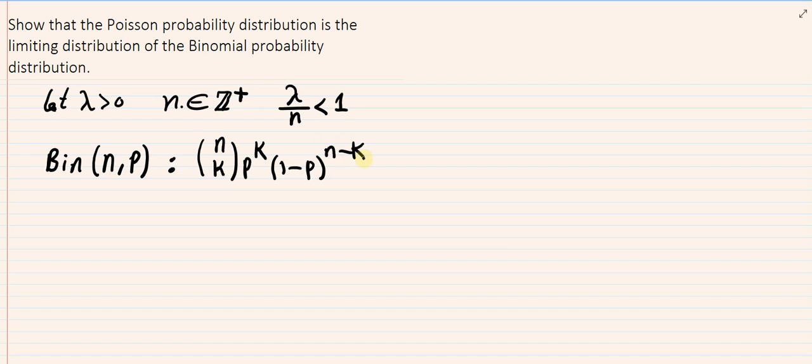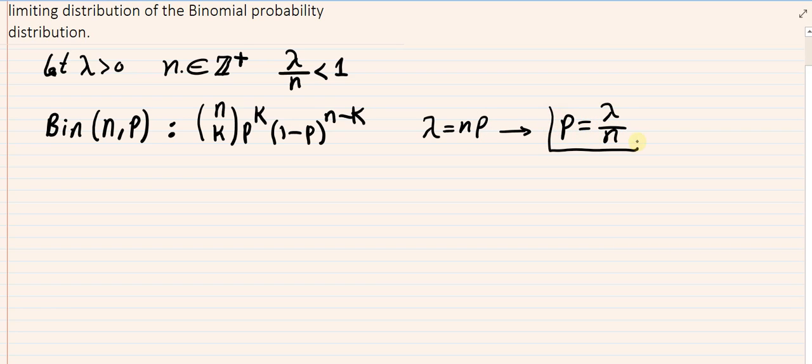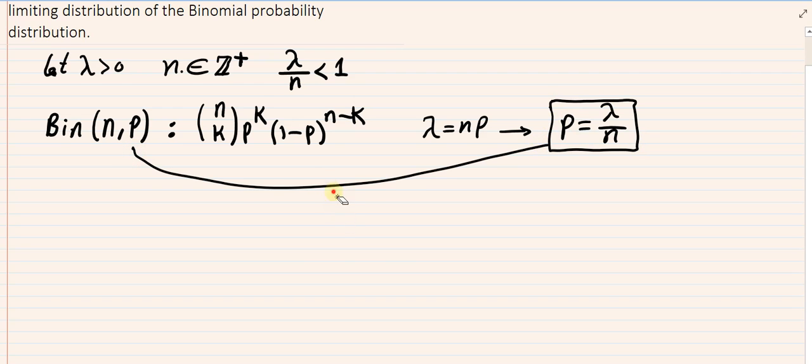Now I'm actually going to let the lambda be np. So if lambda is np, then it makes sense for p to be lambda over n, right? Divide both sides by n. So I'm actually going to replace p with that.